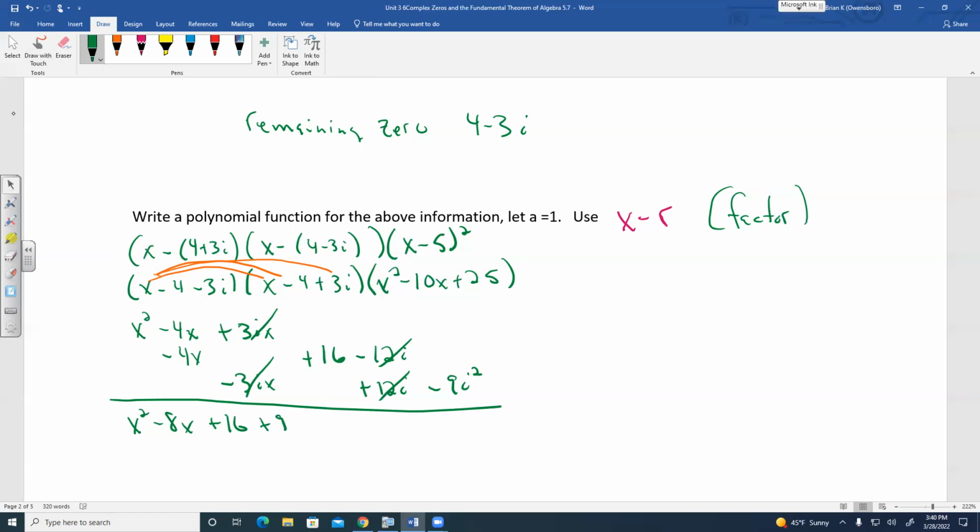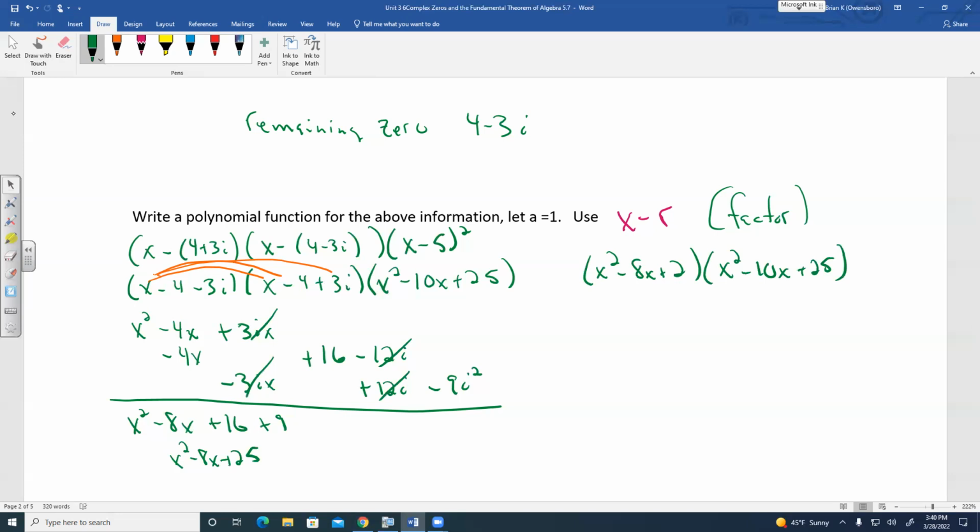So what I have now is x squared minus 8x plus 25 comes down. So I want to now multiply the x squared minus 8x plus 25 by x squared minus 10x plus 25.